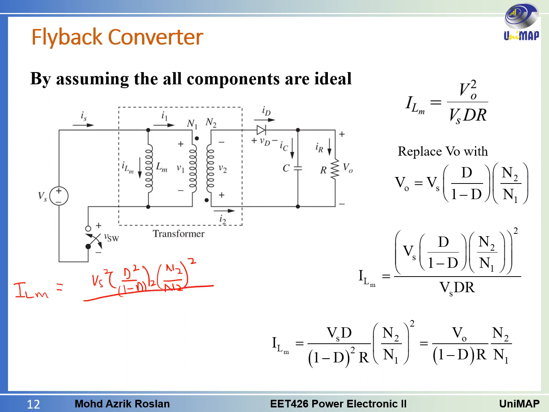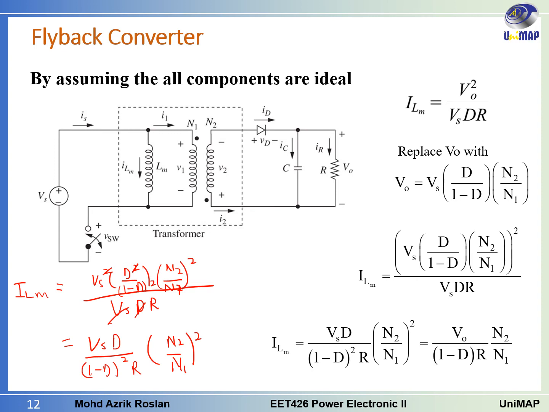So divide by Vs d R. This one can be cancelled out, the d will be cancelled with this one, and the remaining equation will be ILM equals Vs d over 1 minus d, squared, R, and then you have n2 over n1 squared. Sorry, this is n1. So ILM will become like this.